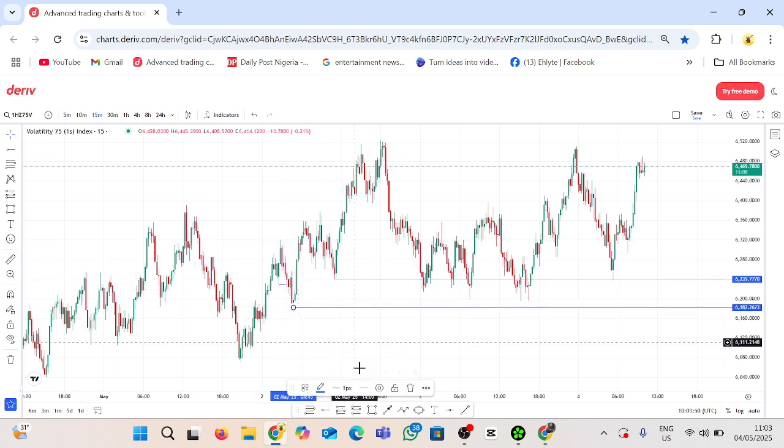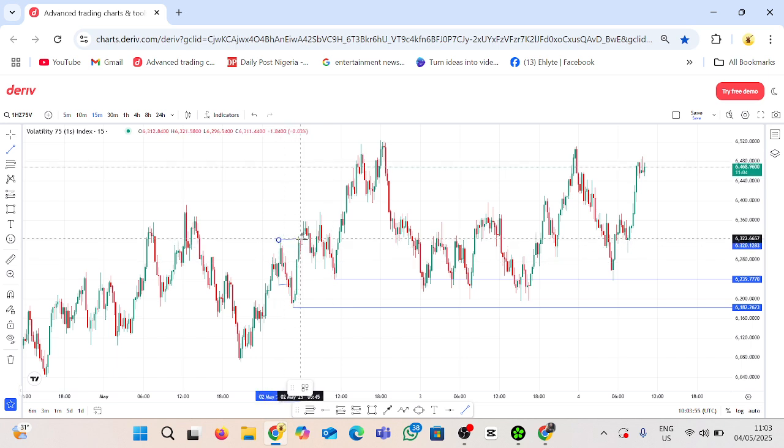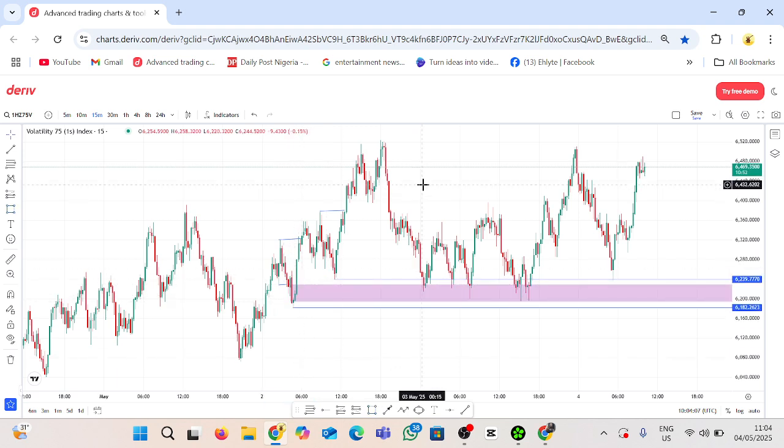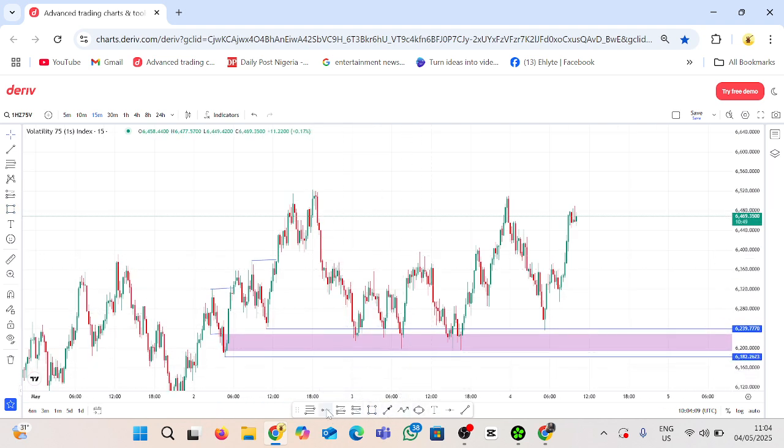This is our first break of structure. This is our second break. Then this is our POI. And then this is our target.